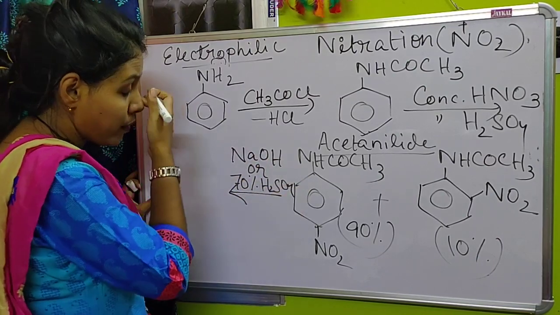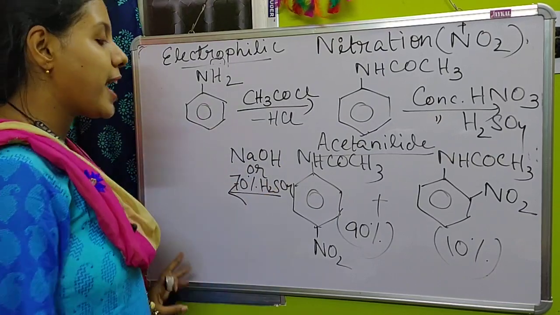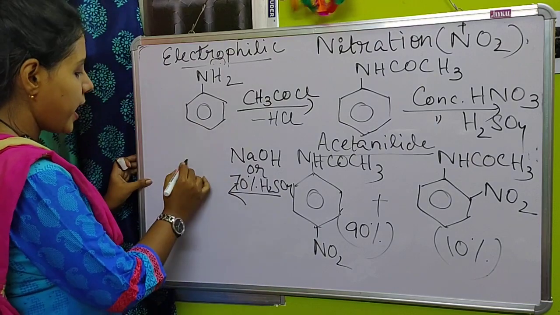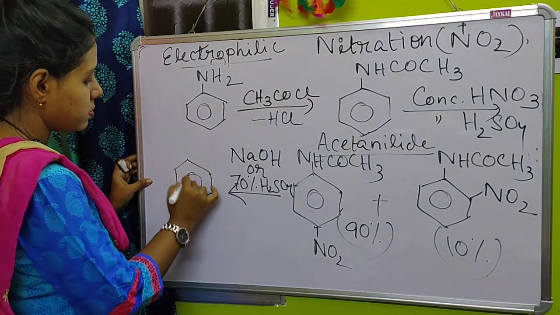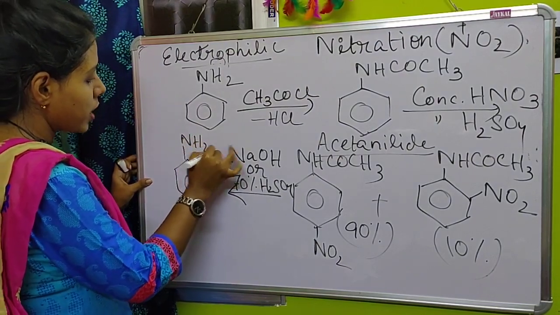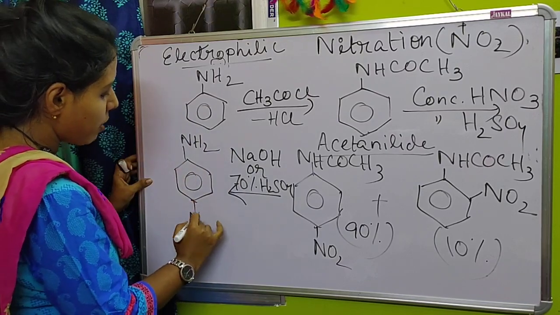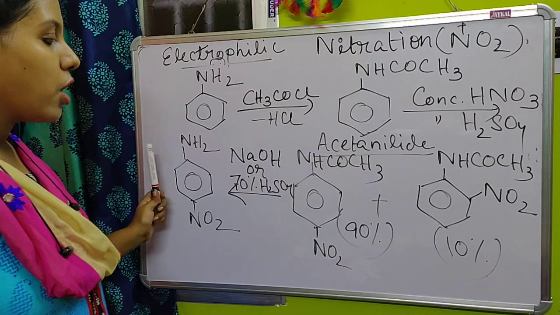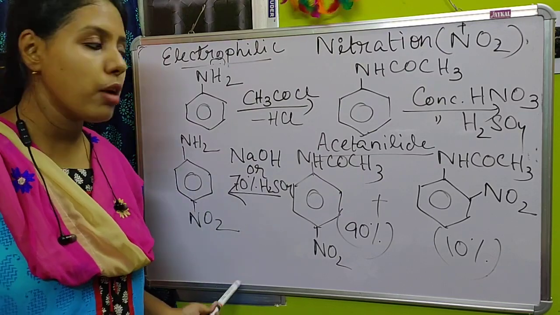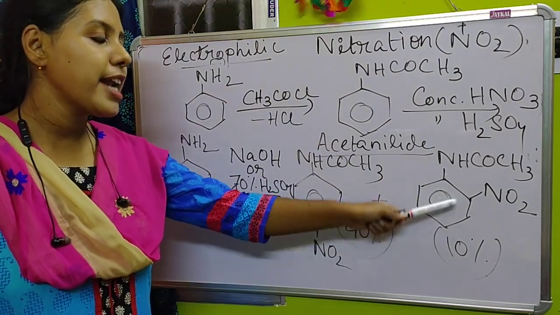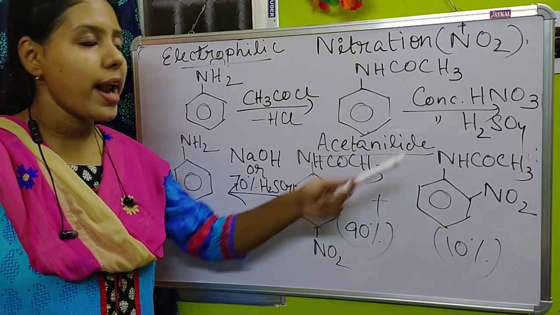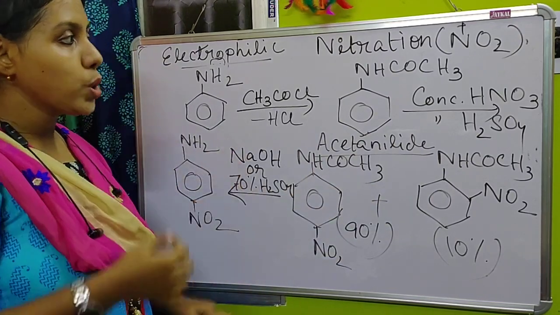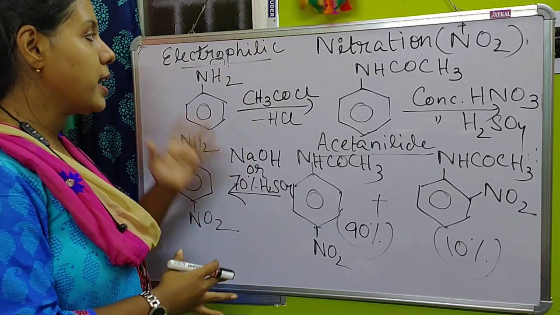By hydrolysis this compound will be converted back into NH2, and we get the two compounds: para-nitroaniline, which we get in maximum amount, as well as ortho-nitroaniline. Clear? So these are the two things we get from here.